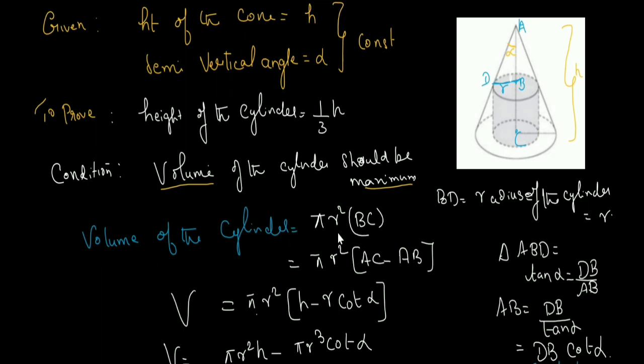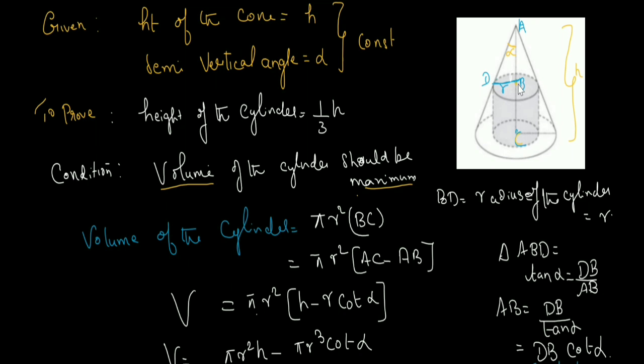Pi r square h. In this diagram, let C be the center of the circle. Draw AC perpendicular to the base, so AC is the height. Let B be the center of this circle.